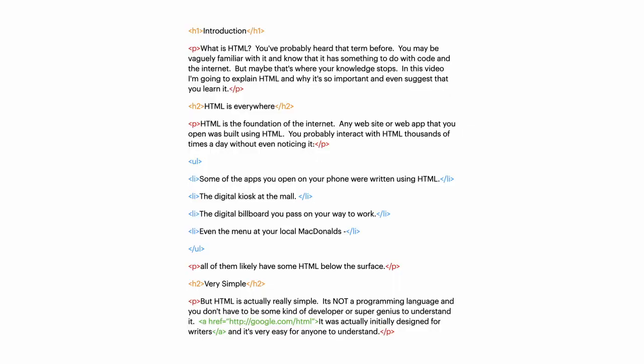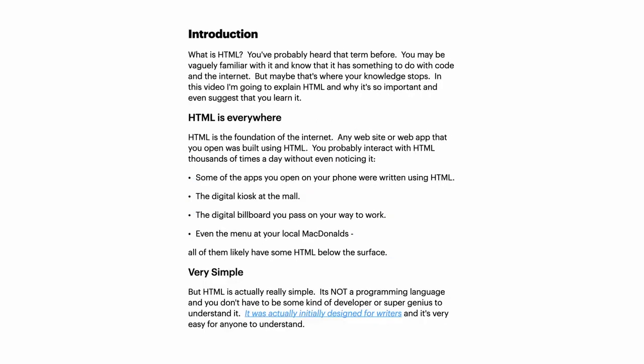There are even tags that tell the browser what section of the page each part of the text belongs to. This part's the header, this part's the main, this part's the sidebar. That's the basis of HTML. It's super simple. It's just a way to mark up text so the browser knows what to do with it.